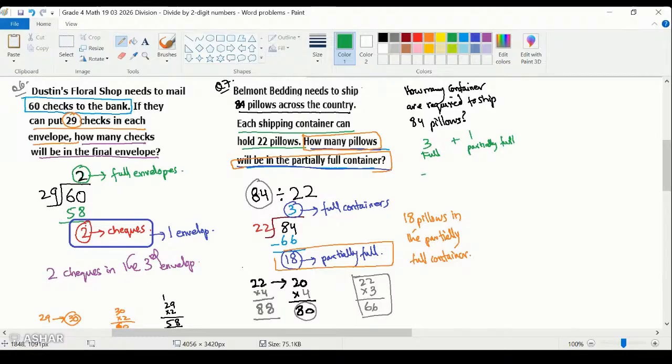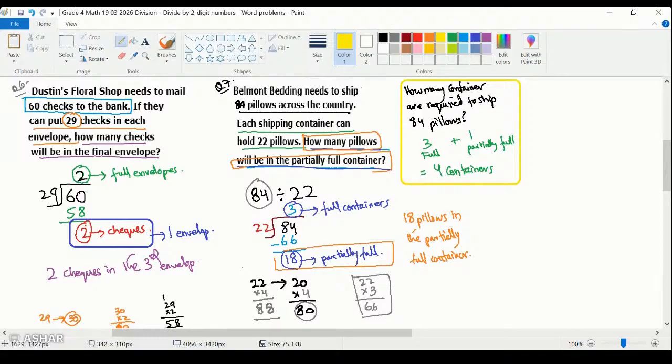That means the total is 4 containers. They could have asked this question as well. How many containers were required? So if they're asking about the number of containers, we would say 4 containers. And if they would ask about the number of pillows in the partially full one, we will say there are 18 pillows in the partially full container. Agreed?